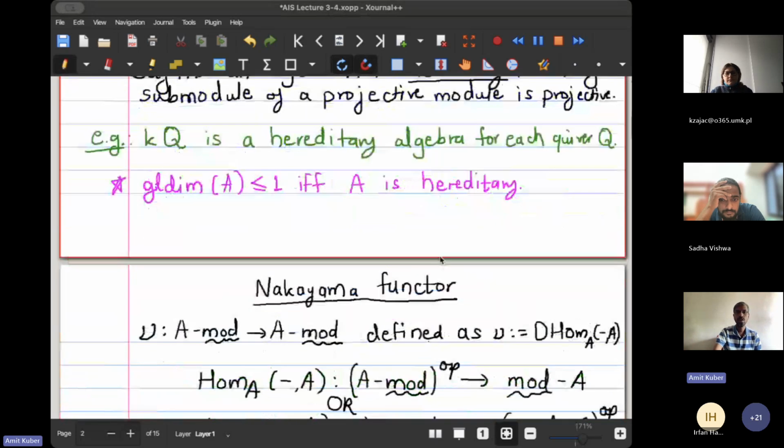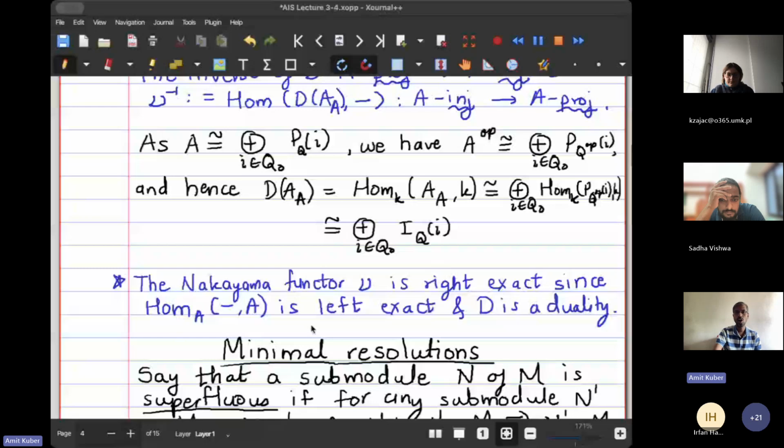Therefore, the composition of the duality with this left exact functor will give us a right exact functor. In fact, if you know a little bit of homological algebra and tensor products, then you should be able to write the Nakayama functor as a tensor product. And then it is rightfully justified that it is a right exact functor.